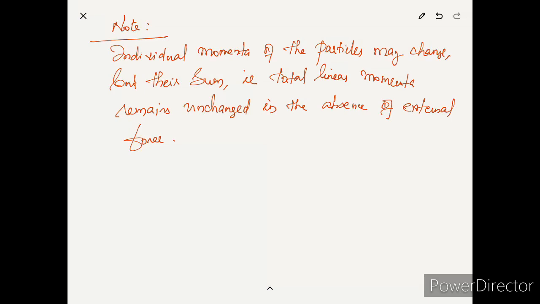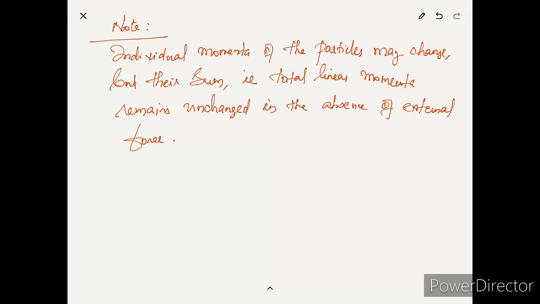So this is an important point. While we consider that n particle system, the individual momenta of those n particles, that is this mass m1, m2, m3, etc., mn, may change, but their sum, that is the total linear momenta, remains unchanged if there is no external force acting on the system. So this is what we are discussing in the law of conservation of linear momentum.